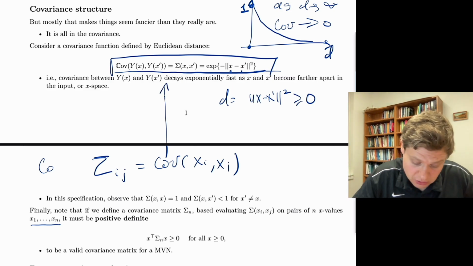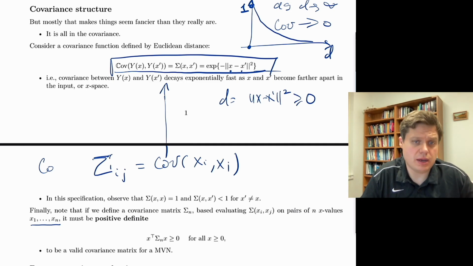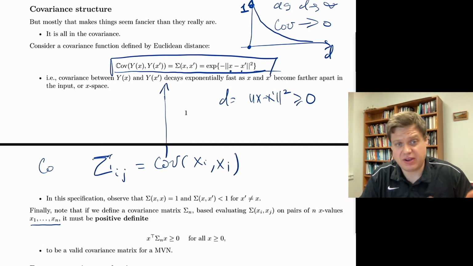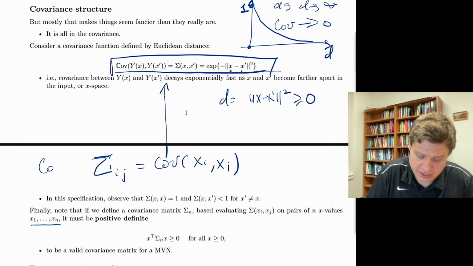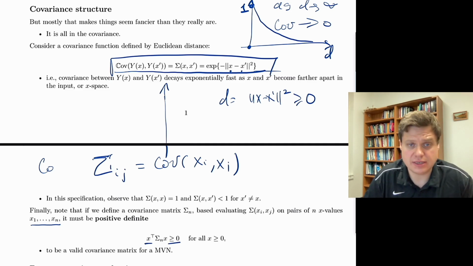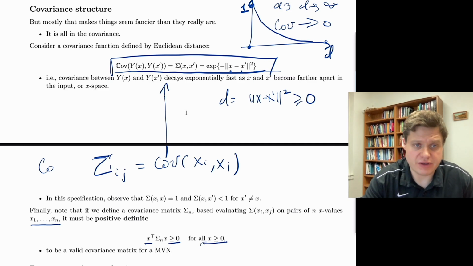All right, so if you calculate such a matrix sigma, then this matrix sigma is going to be positive definite, so it will satisfy the criteria of a covariance function. So for any x, x transpose sigma x is a non-negative number.